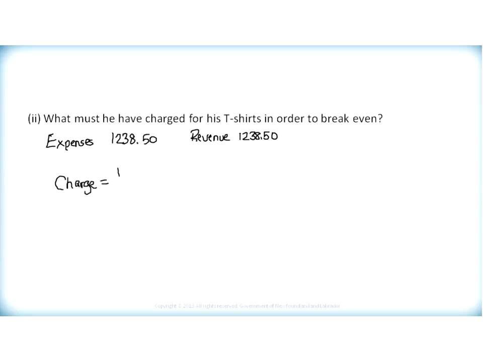So we're going to get his total charge on his t-shirts. It would be the revenue divided by the number of sales. Okay, so his revenue is $1,238.50, and his total sales for that month, he had 60 t-shirts.